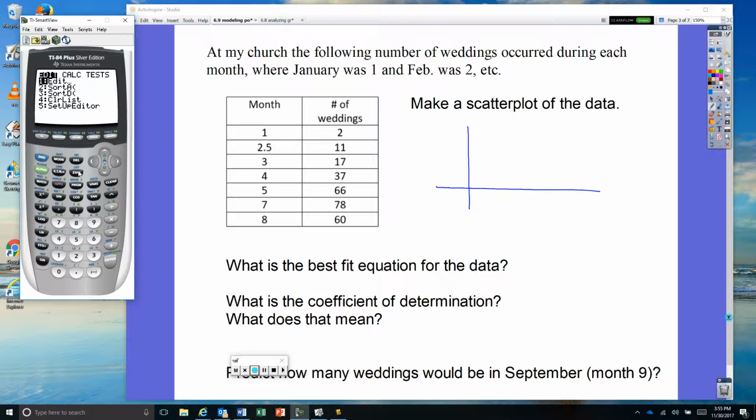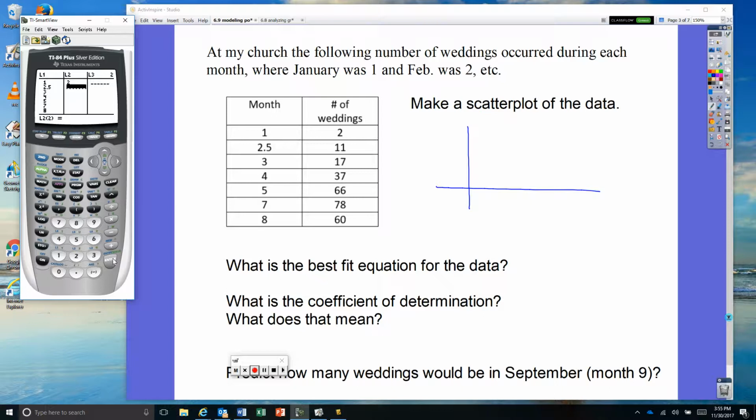Then I'm going to go stat, edit. Up onto the lists and clear. I'm going to enter 1, 2.5, 3, 4, 5, 7, and 8.